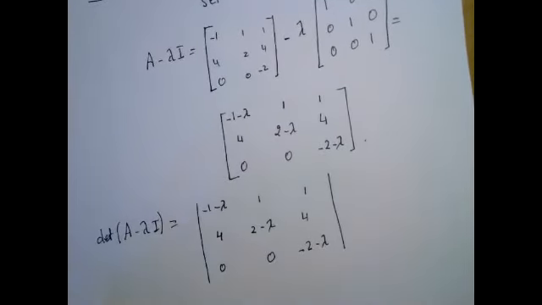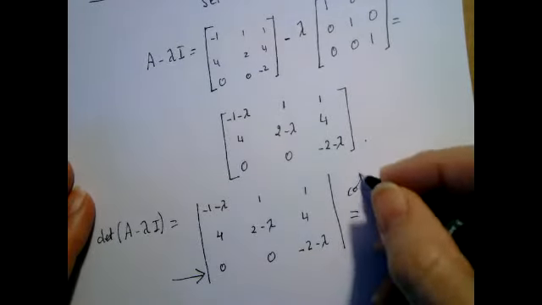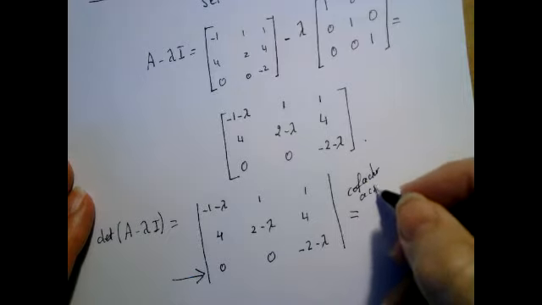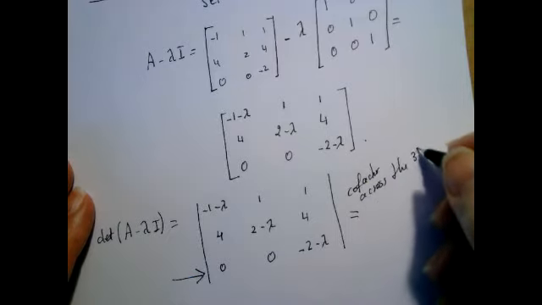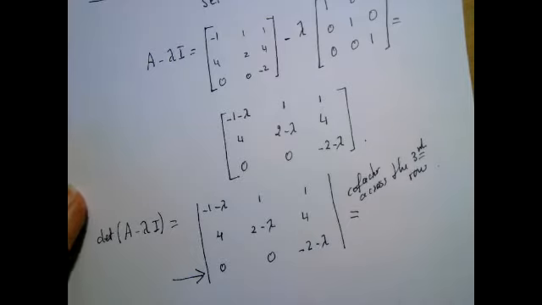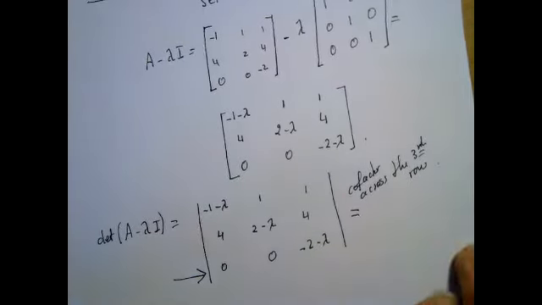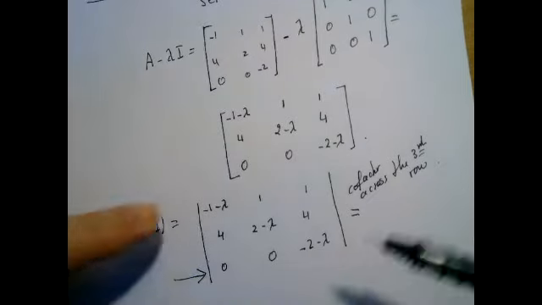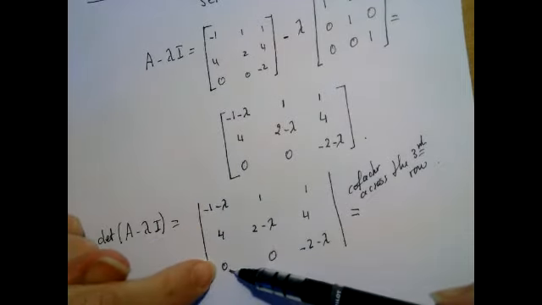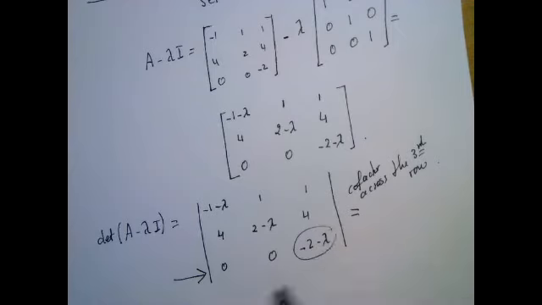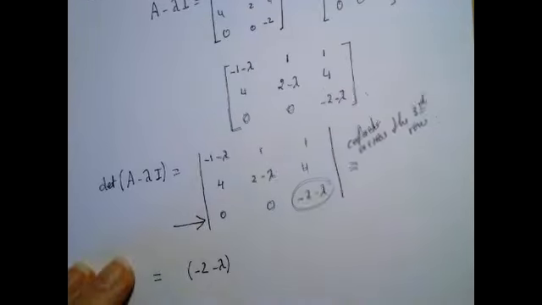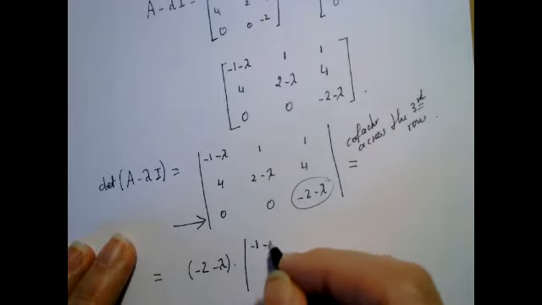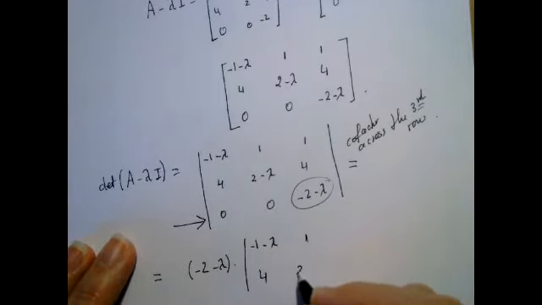If I want to compute the determinant, definitely we will do cofactor expansion across the third row, because we have a lot of zeros. Let us remember the signs: plus, minus, plus. So we get -2 minus lambda, because the first two terms are 0, that's why we picked it, times the determinant of -1 minus lambda, 4, 1, 2 minus lambda.